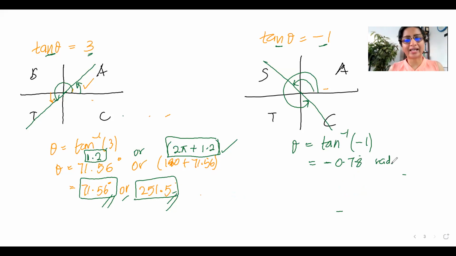Which angle has the calculator given me? Now I had determined that my answers will come in the second quadrant and the fourth quadrant. That my 2 angles are going to be one in the second quadrant and the other one in the fourth quadrant. And the calculator has given me one of those 2.